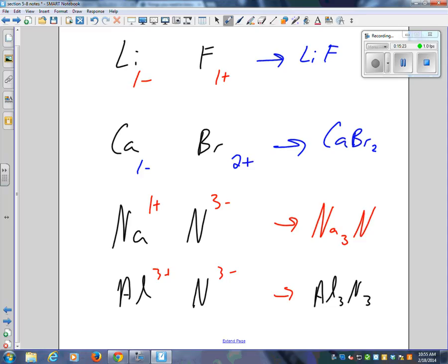Is it going to be 3 and 3? No. Should I leave it as 3 and 3? No. It's kind of like a fraction. Do I need 3 aluminums for every 3 nitrogens, or could it just be 1 to 1? 1 to 1. The 3s sort of cancel out. So if they match up like that, it's just going to be AlN.